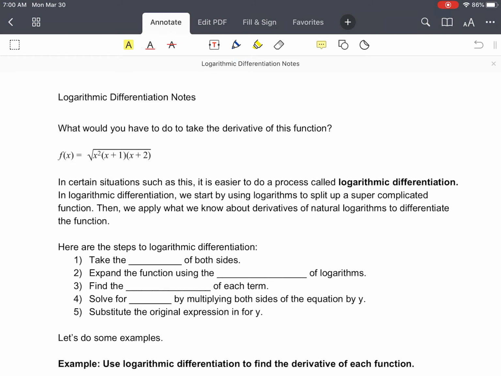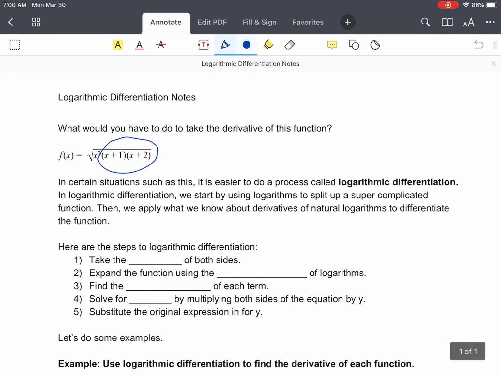But if we look at this first example, it says, what would you have to do to take the derivative of this function? Well, you would have to FOIL out this part and then maybe do the product rule inside of a chain rule, inside of a blah, blah, blah.